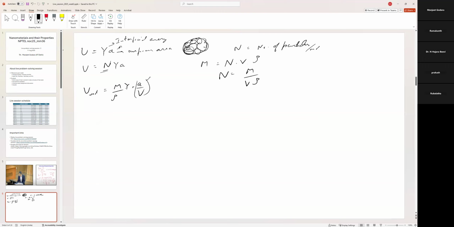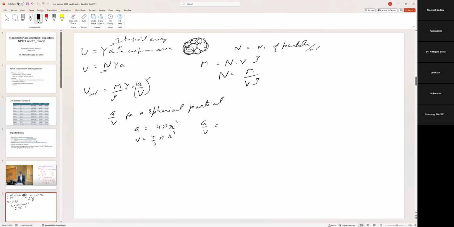For a spherical particle, this value of A over V was calculated in the lecture. A is equal to 4 pi r squared, and V is 4 by 3 pi r cubed.